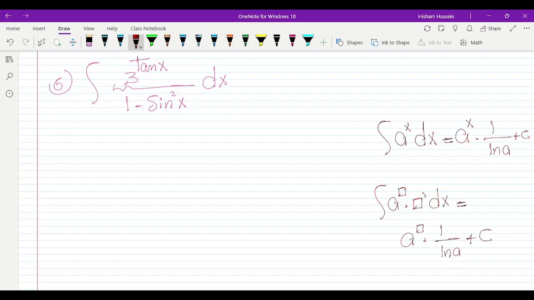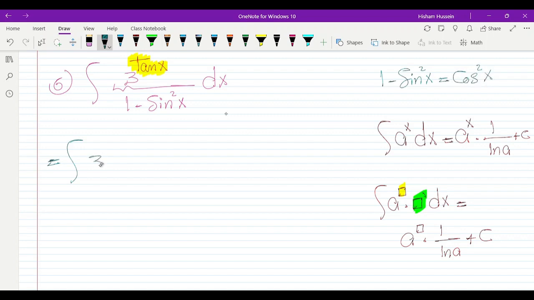How can we find the derivative of tan x? How can we find the derivative of this exponent? How can we do that? Okay, thinking about that, we can write the denominator 1 minus sine squared. We can switch it to be 1 minus sine squared equals cosine squared x, as we know.